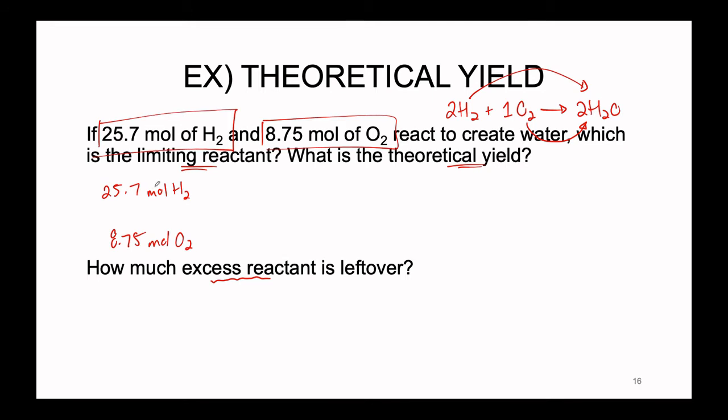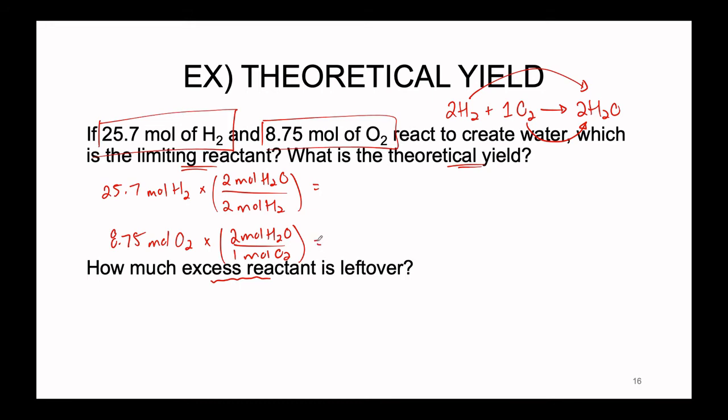So let's start with hydrogen. According to our balanced chemical equation, there are 2 parts water produced for every 2 parts H2 consumed. And with oxygen, there are 2 parts water produced per every 1 part of oxygen consumed.